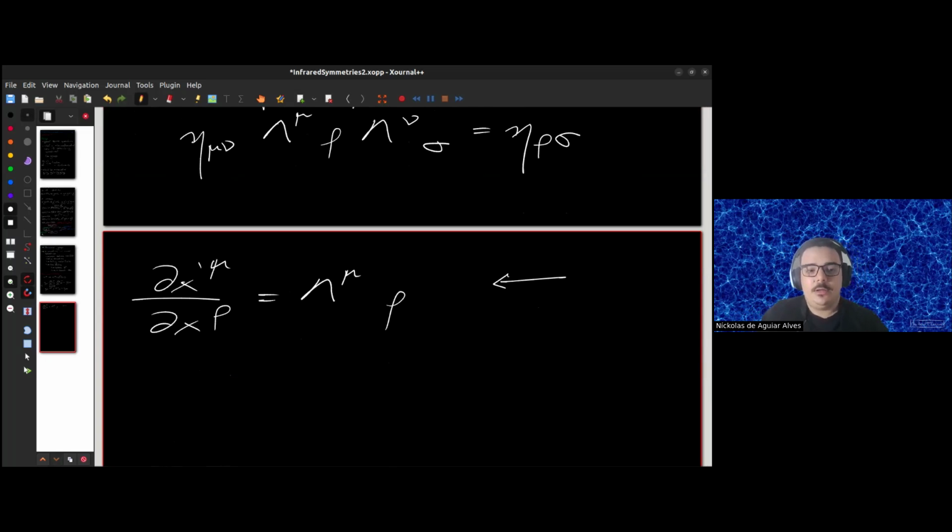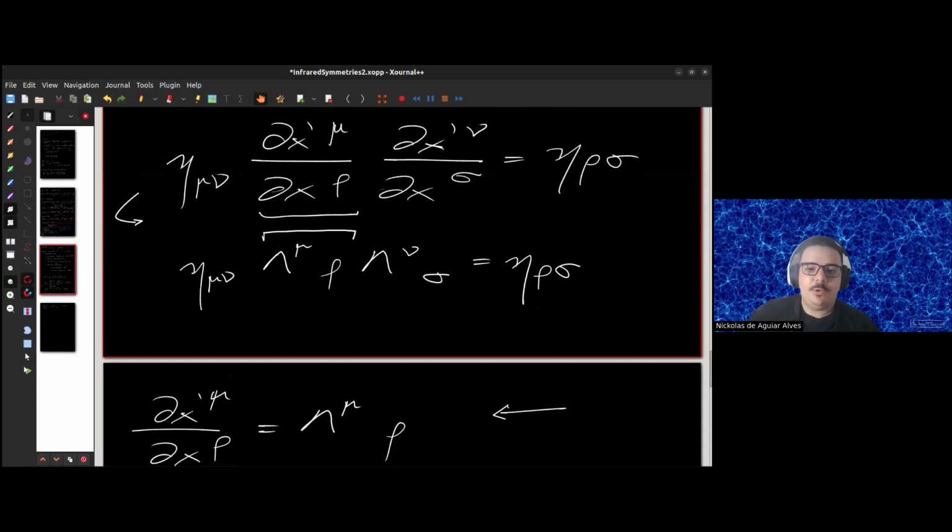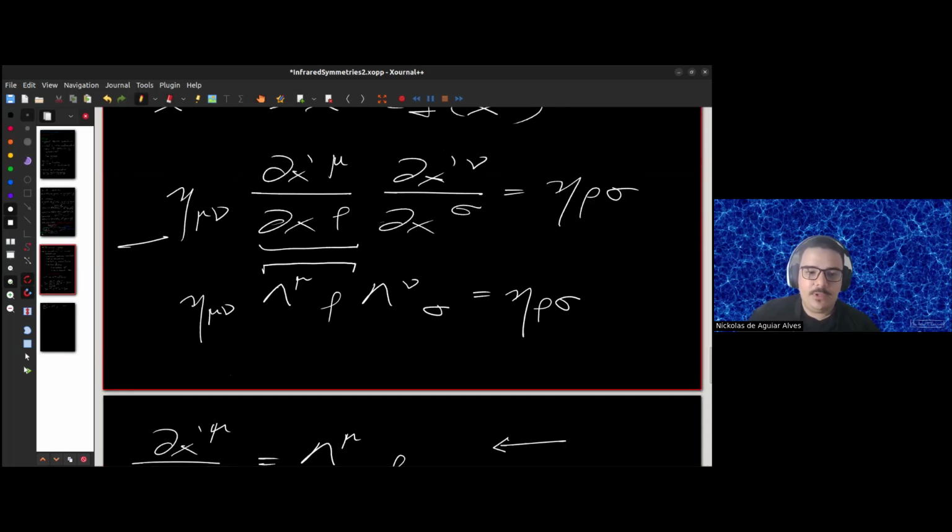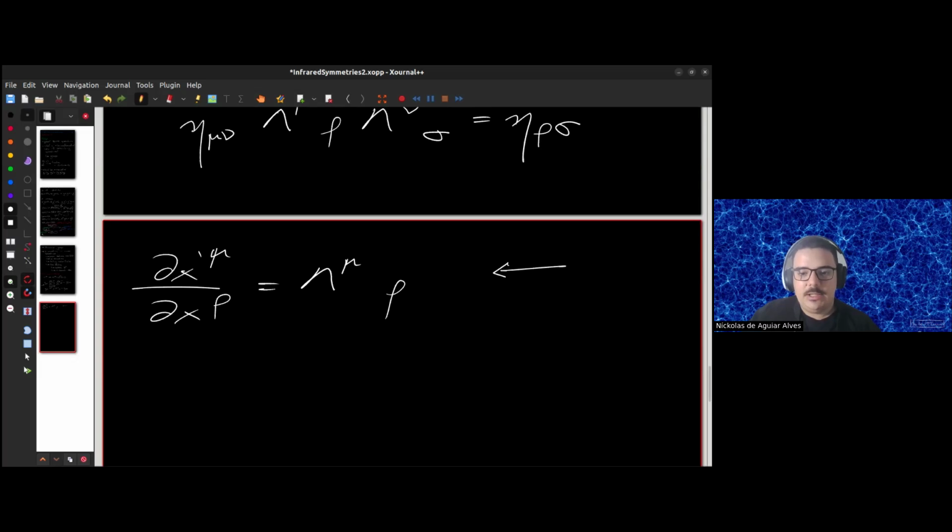It could be, in principle, any coordinate transformation. I'm picking the most general coordinate transformation and then imposing this condition here. Under this condition, I immediately get this differential equation. I can then integrate this differential equation to get that x prime must be given in terms of x.